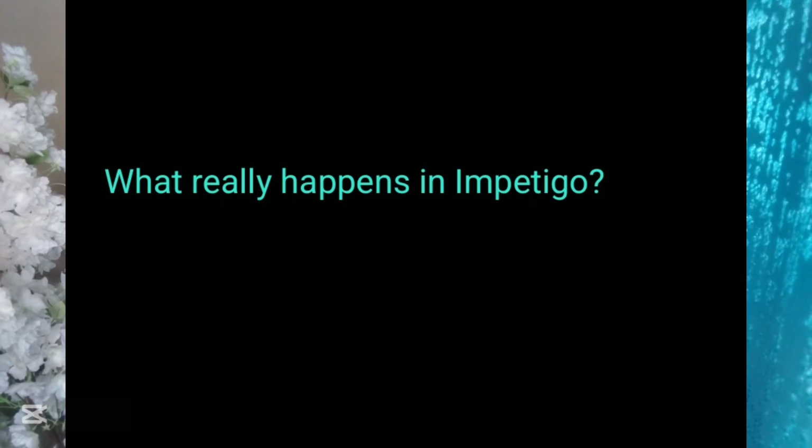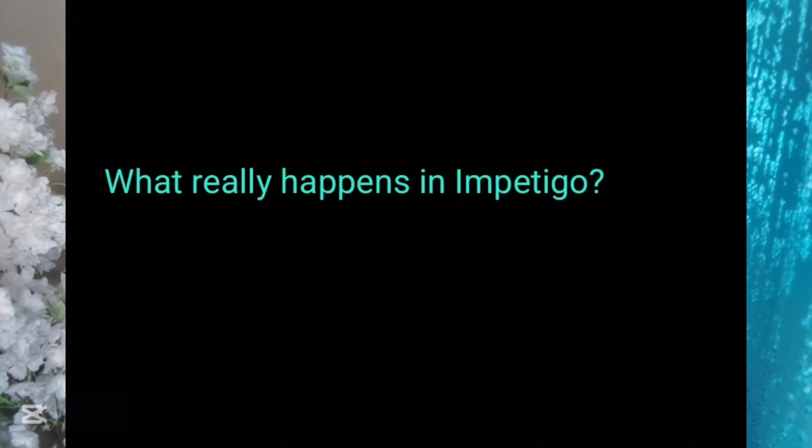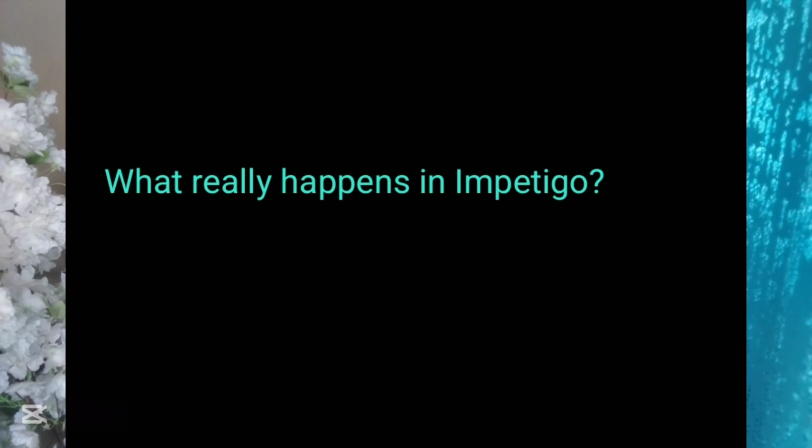The presence of the bacteria in the deeper layers of the epidermis results in a recruitment of the cells of the immune system called the neutrophils. These come in to try to fight off the bacteria. The neutrophils have some structures within them called the lysosomes.